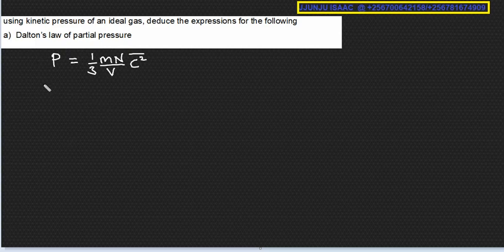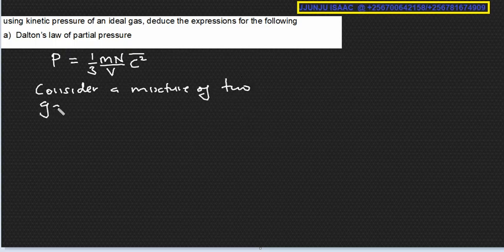So we are going to consider a mixture of two gases.